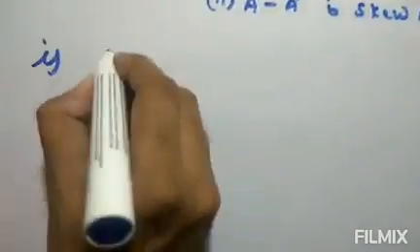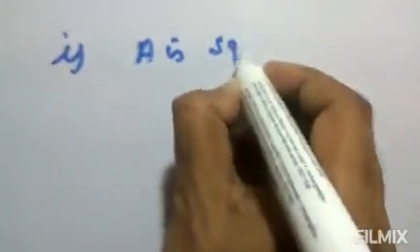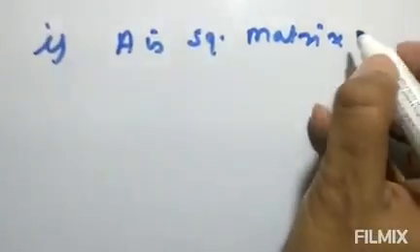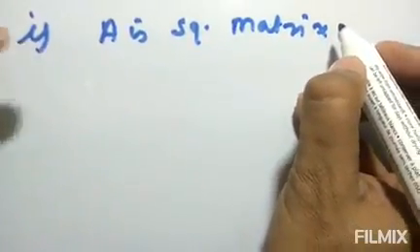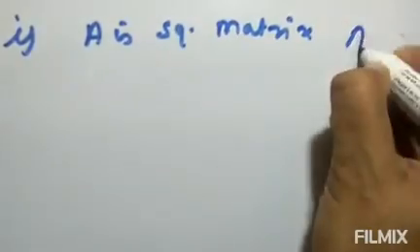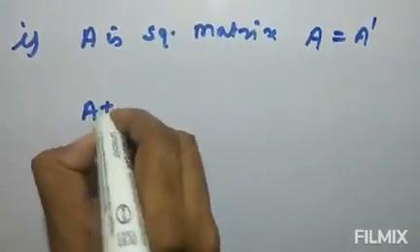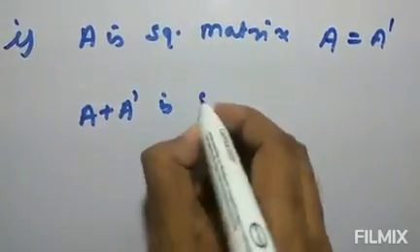If A is a square matrix, A is said to be symmetric if A equals to A dash. Here we want to prove A plus A dash is symmetric.